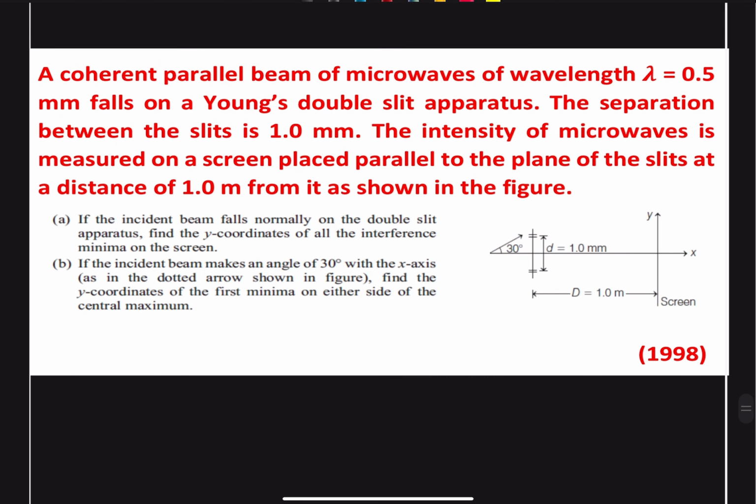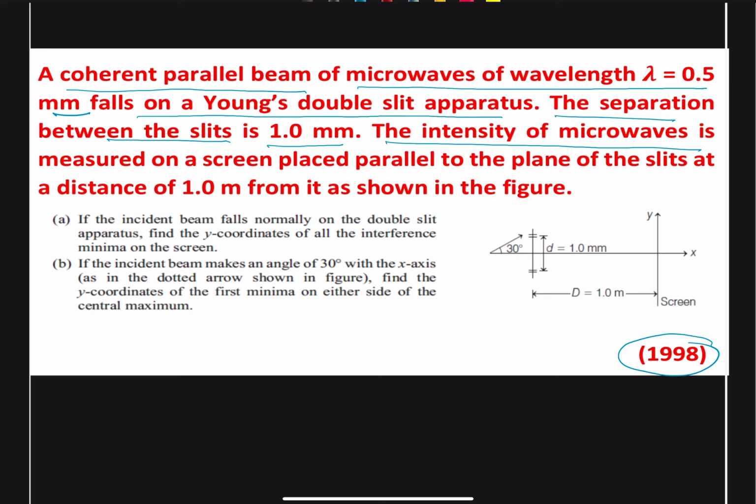It was asked in the year 1998, and it states that a coherent parallel beam of microwave of wavelength lambda equal to 0.5 millimeter falls on the Young's double slit apparatus. The separation between the slits is 1 millimeter. The intensity of the microwave is measured on a screen placed parallel to the plane of the slits at a distance of 1 meter from it, as shown in the figure.